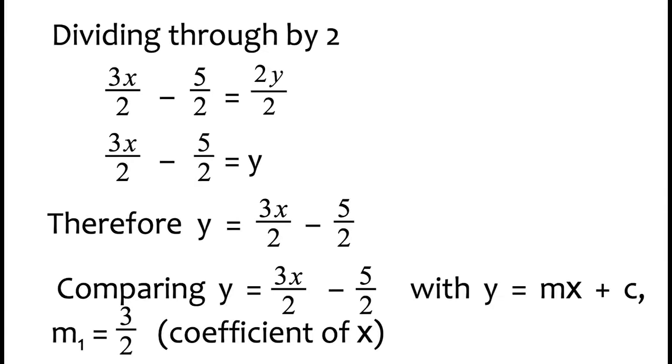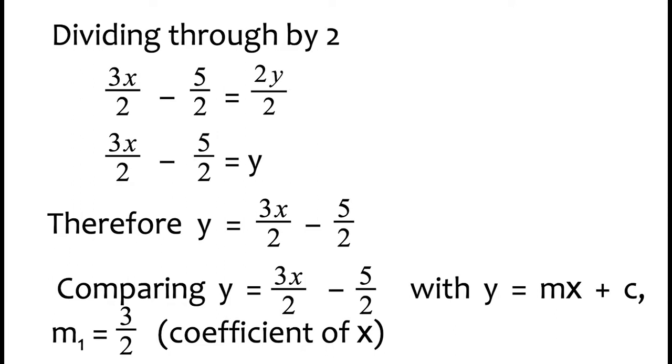Now, when we divide through by 2, which is the coefficient of y, we will have 3x divided by 2 minus 5 over 2 equals 2y divided by 2. By simple simplification, the 2, the coefficient of y, will divide the 2 in the denominator, leaving you only y.